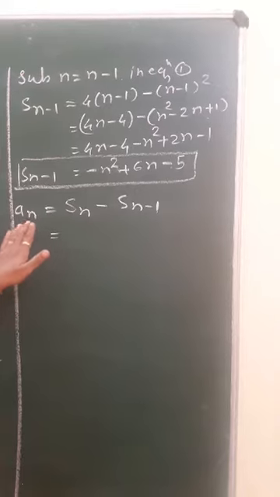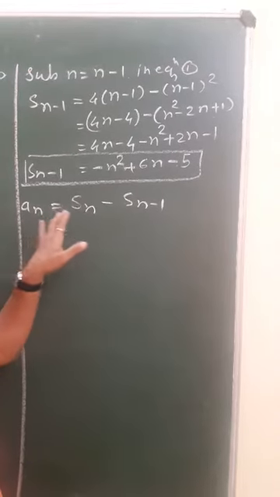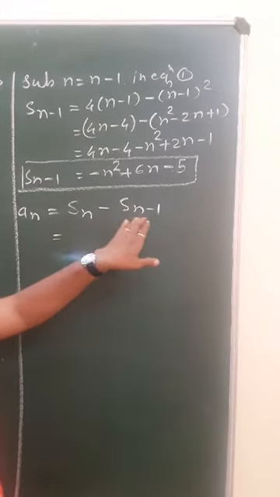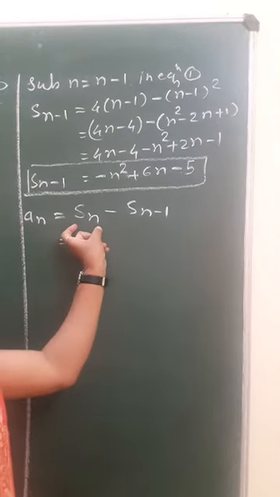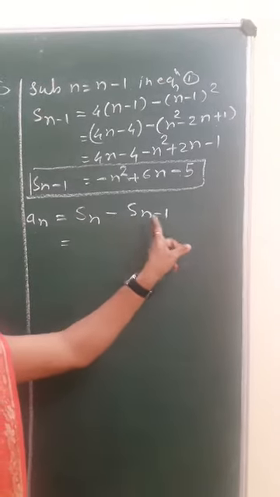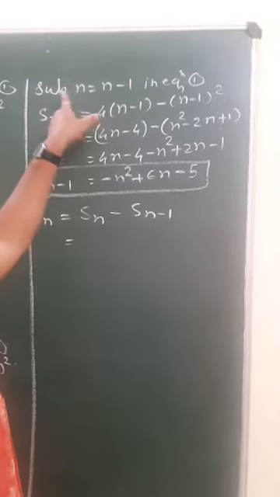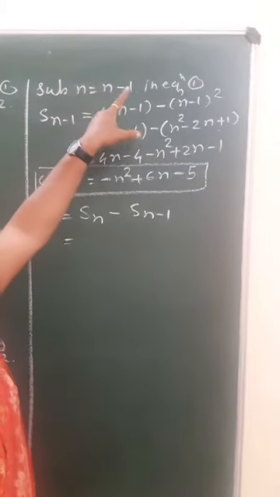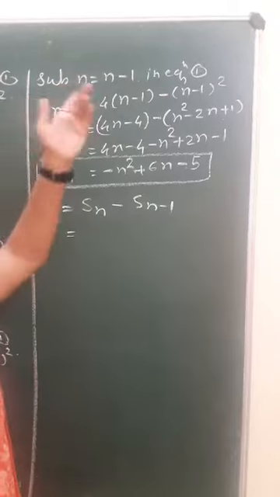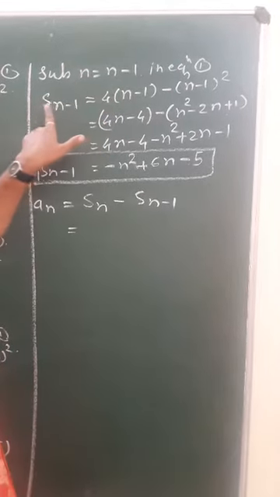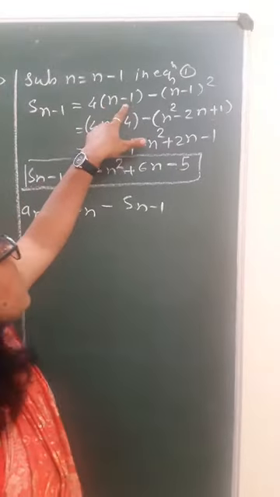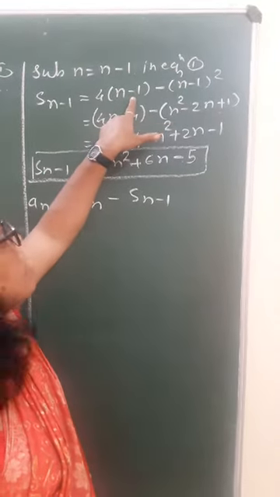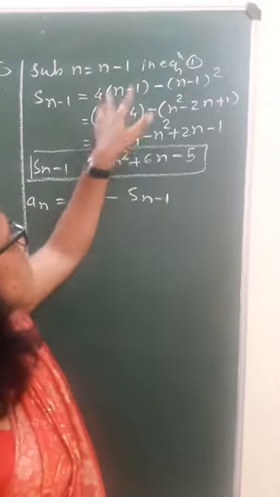Now we have to find An. An is nothing but Sn minus Sn minus 1. Already we have the value of Sn, but we don't know Sn minus 1. That's why we will substitute n is equal to n minus 1 in the equation 1, or we can say replace n by n minus 1. So Sn minus 1 is equal to 4 into n minus 1, in place of n I will write n minus 1, minus n minus 1 square.